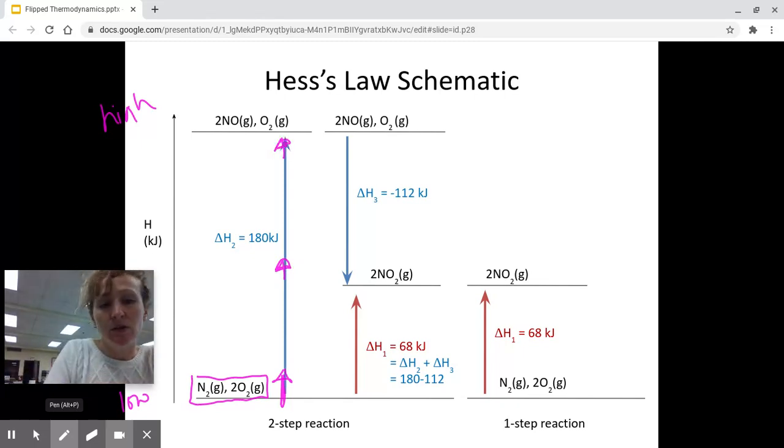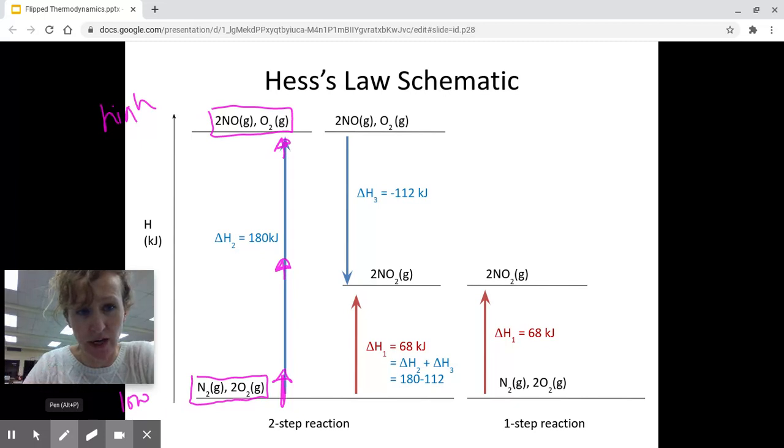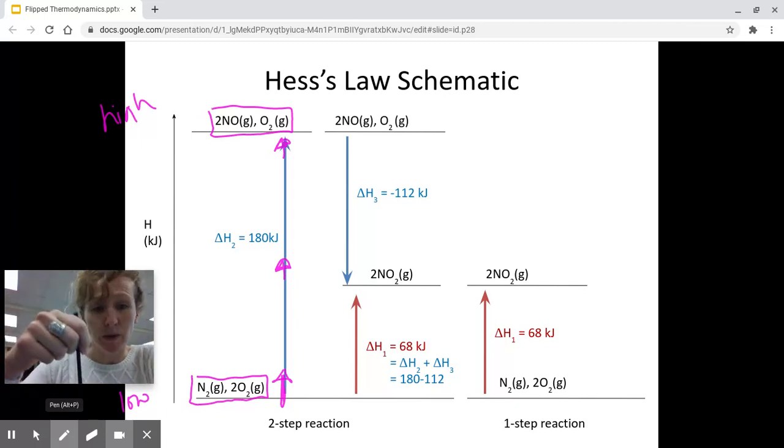When you input 180 kilojoules, it brings you to your first set of intermediates or products on that first reaction, right? Nitrogen monoxide and oxygen. So we have to input 180 kilojoules in order to get there.